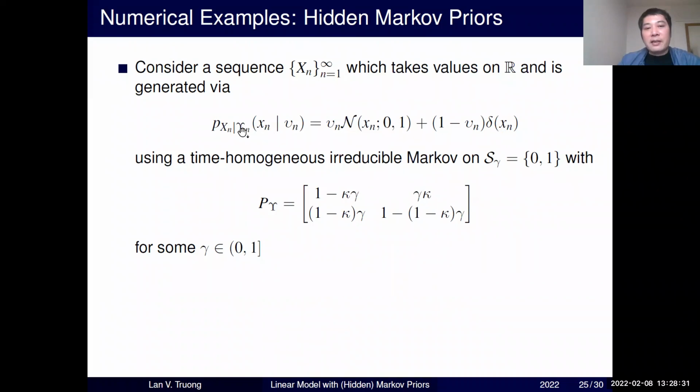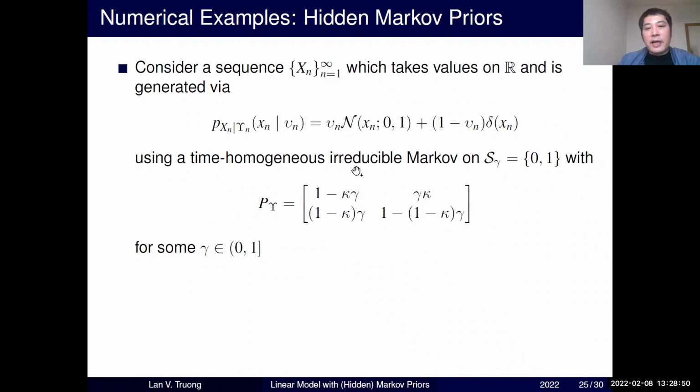It means that the random variable x_n takes a Gaussian distribution with probability V_n and takes the zero value with probability 1 minus V_n.